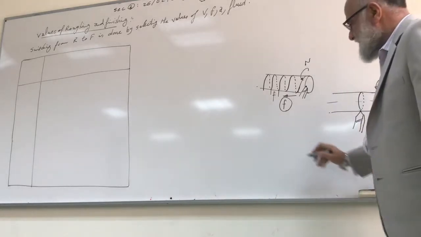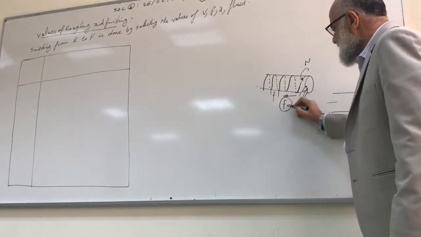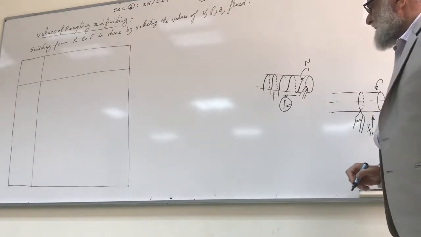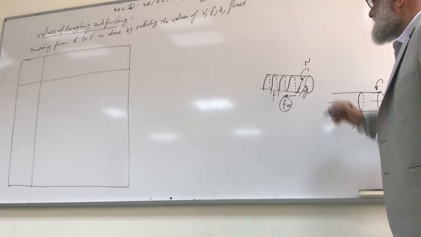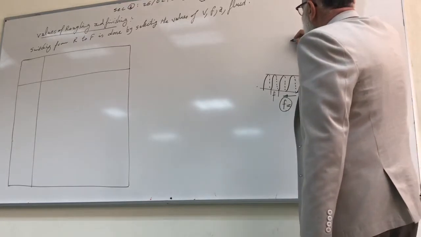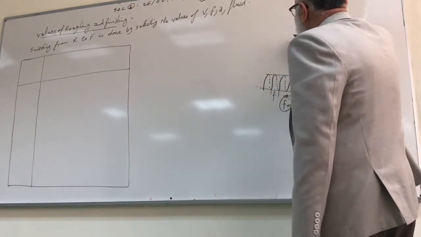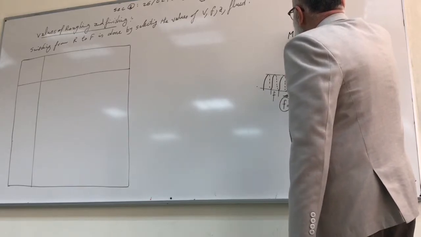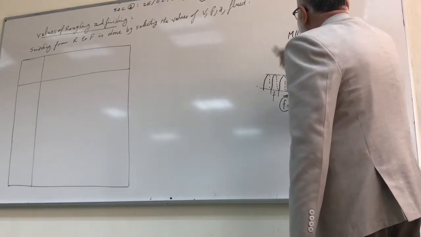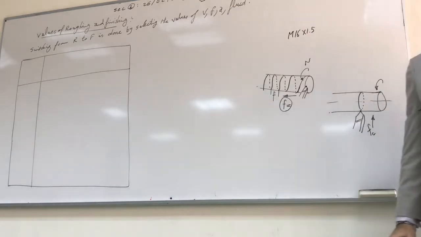But in turning, say for example, this one is about the pitch. How much pitch? If I say we want to cut a thread M16 multiplied by 1.5, what is the meaning of M16?